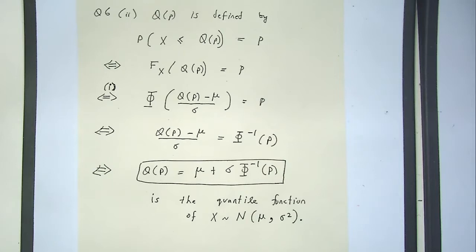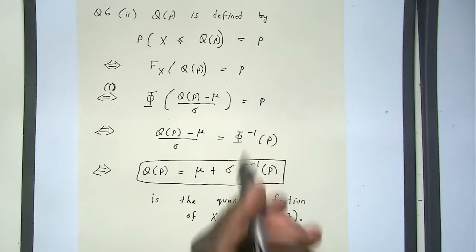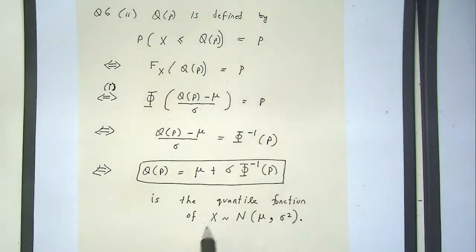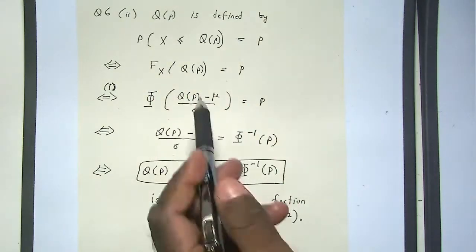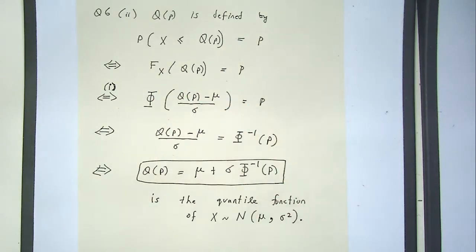To find the quantile function of any distribution or any variable, you need to start with this step and then try to solve for Q(p). This procedure is the same for any distribution, and here we've done it for the normal. Okay?